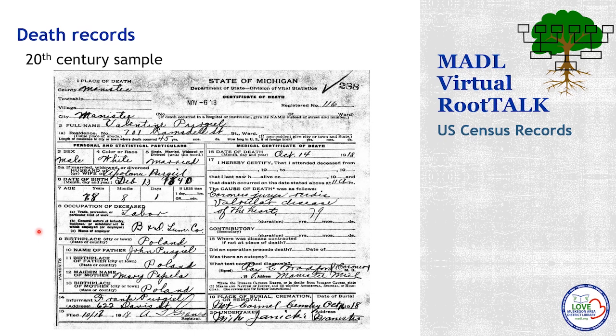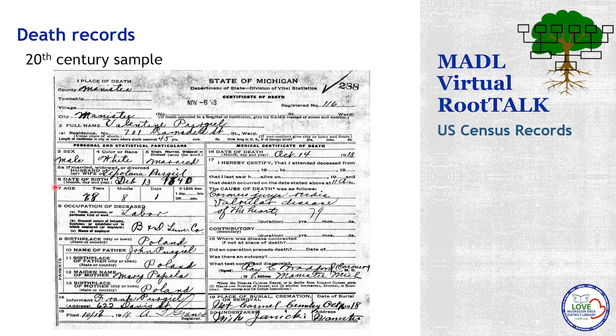And then the medical certificate of death is filled out by the authorized official to do that, either the physician or in this case, the coroner, whatever the situation might be. So the person giving the personal information, what you want to remember is they've just experienced a death in their family. They're giving information about a loved one. Like I know, for example, that Valentine is Frank's father. So Frank's giving this information about the death of his father.